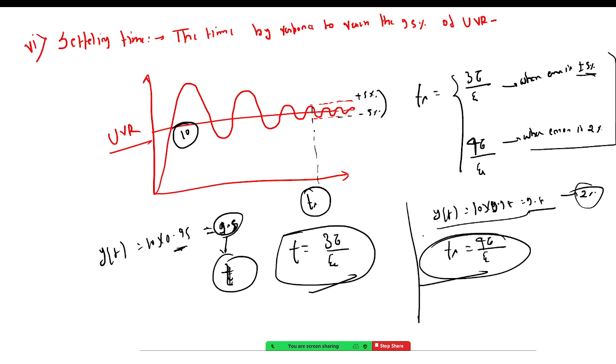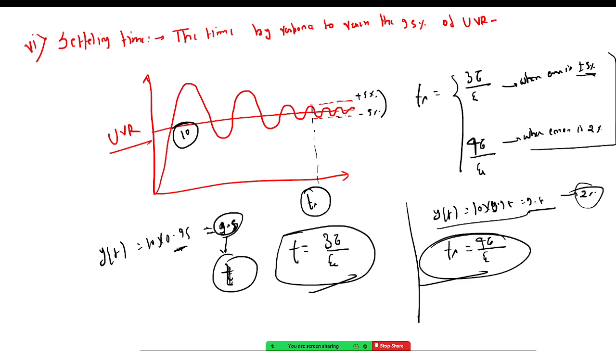They will tell you in the question which criteria you have to use. Any doubt?